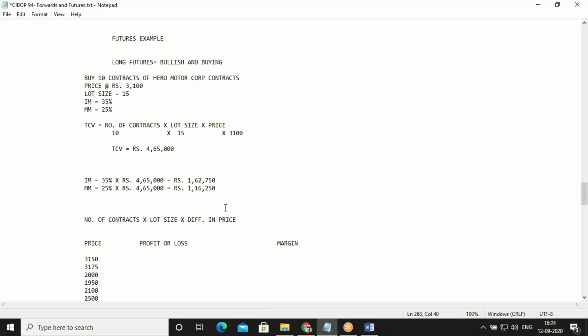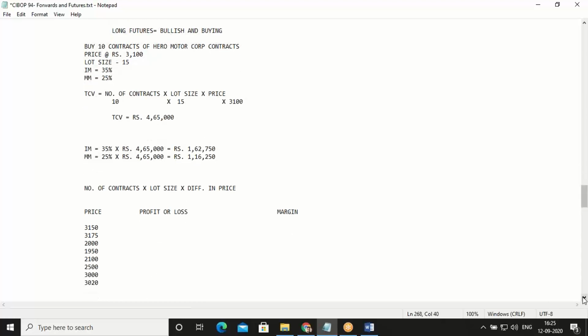Preetham might want to check your calculations again. Sir, I have a question. You're saying 10 contracts, lot size 15 means one contract has 15 shares, right? Exactly. Okay, cool. Shall we move to the next part?